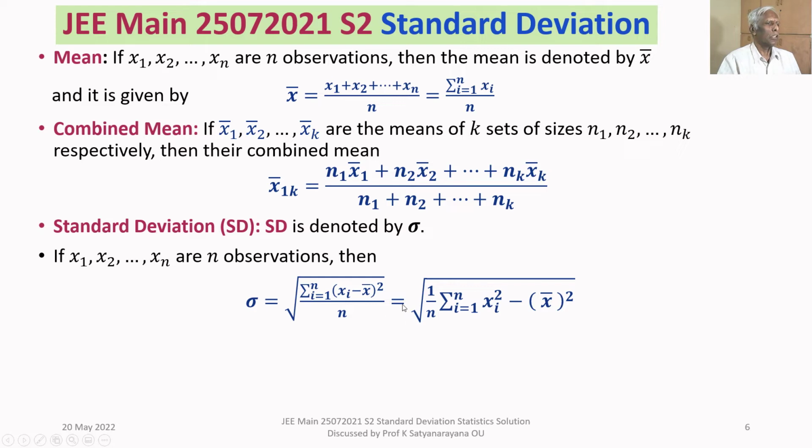That is also given by the square root of 1 by n summation, sigma i is equal to 1 to n, xi square minus x bar whole square. The variance is defined as the square of the standard deviation, that is sigma square.